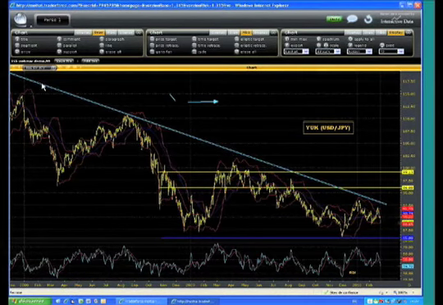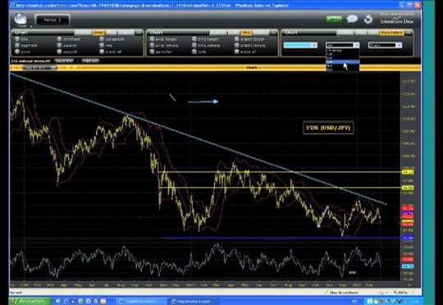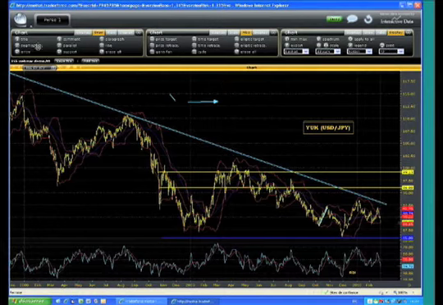The pair is still below a key long-term trend line, but we have a tentative, and I want to insist on this word, a tentative reverse head and shoulders, which is a bullish pattern, but it's not validated. So caution on YUK. I draw the reverse head and shoulders for you.